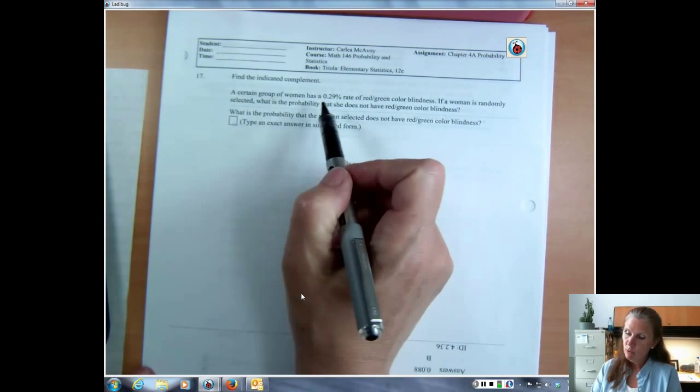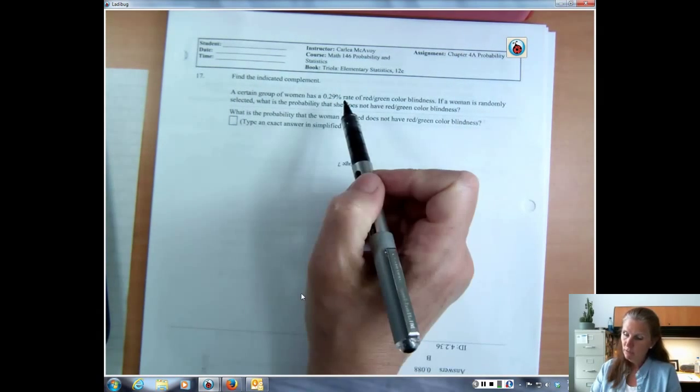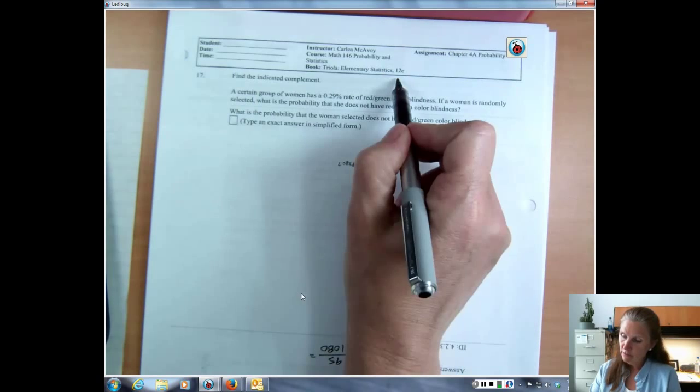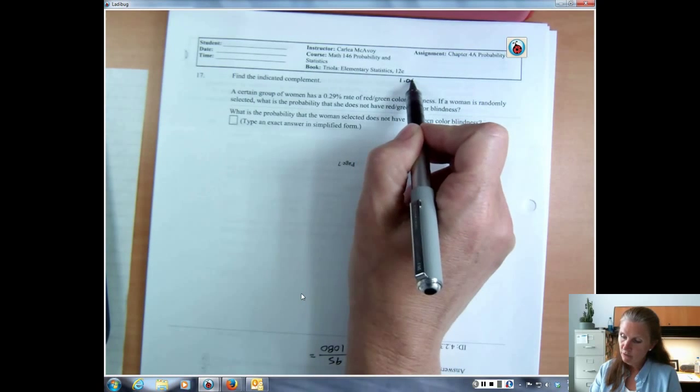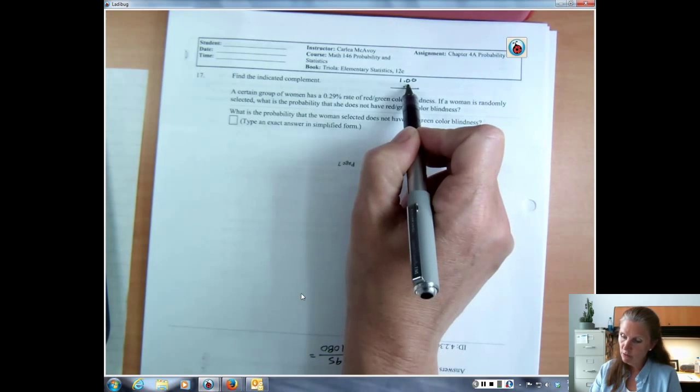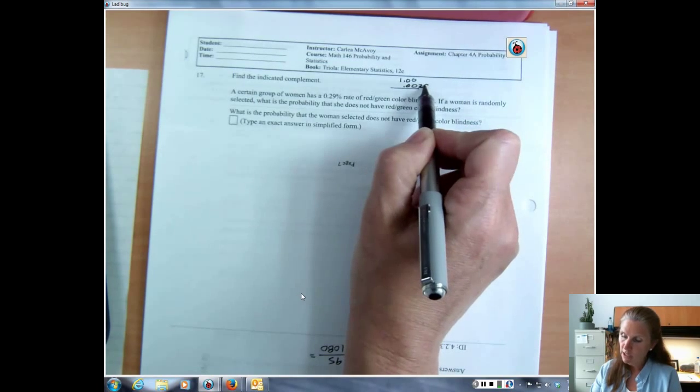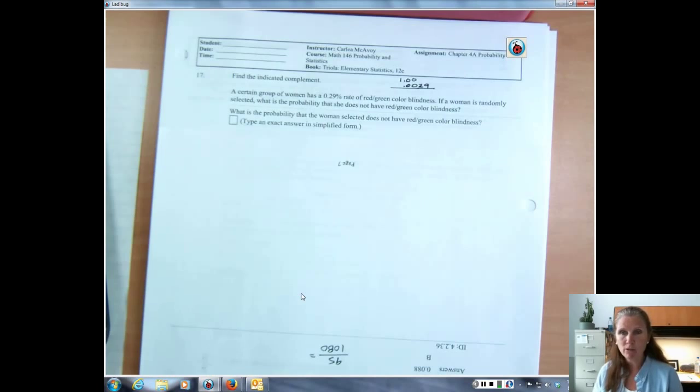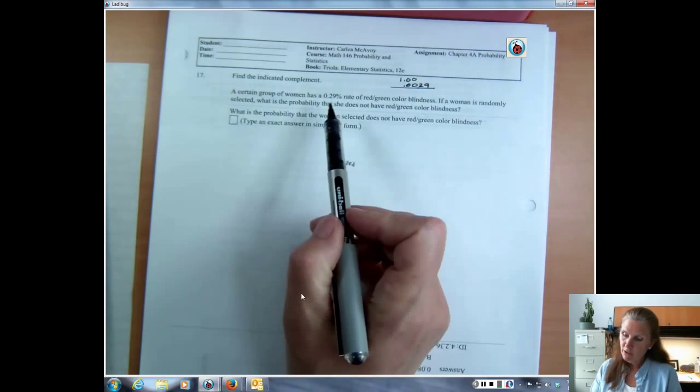Do you see how this is 0.29%? So if you want to subtract that from 1 to find the complement, you have to first change this to a decimal, which is 0.0029. In other words, not that many women out there with color blindness. If you got it, you are exceptional, right? So you have to change this.